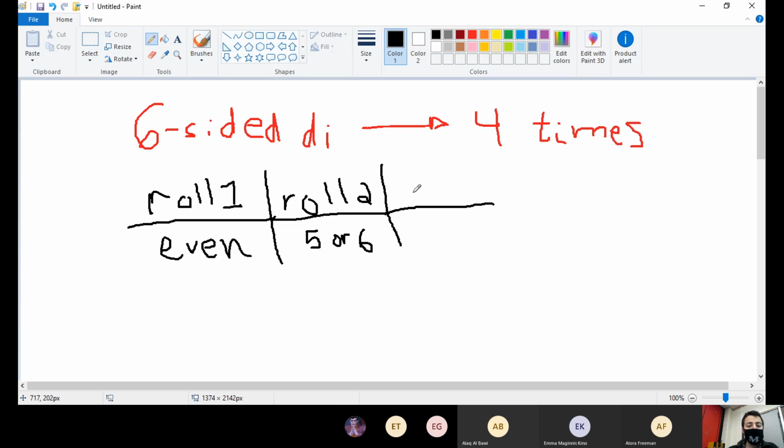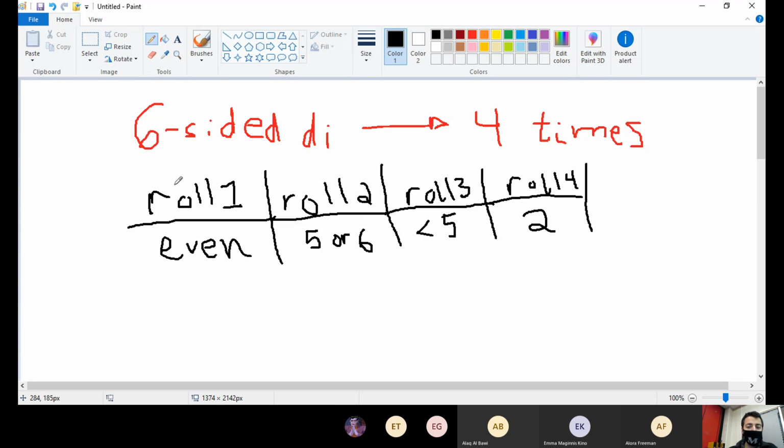And then on roll 3, all right, it's some number that is less than 5. So it lands on either 1, 2, 3, or 4. And then on roll 4, it lands specifically on 2.